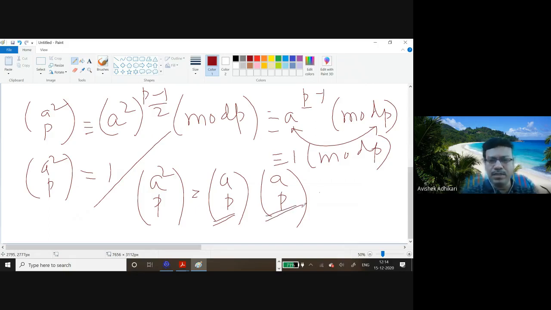So that means it is nothing but plus minus 1 whole square. Or you can say that this is nothing but (a/p) whole square. Now this (a/p) value is either 1 or minus 1. So as a result, the whole thing value will be 1. So there are plenty of proofs of doing the same thing.